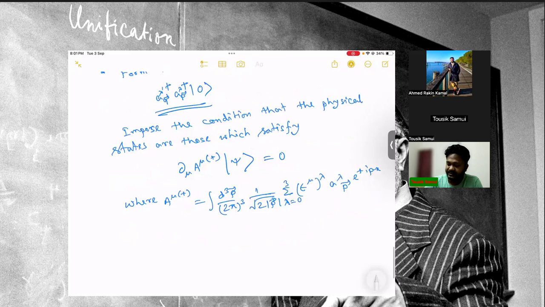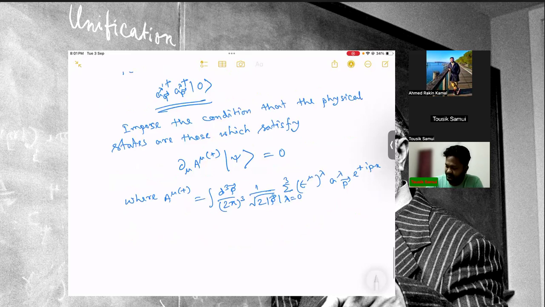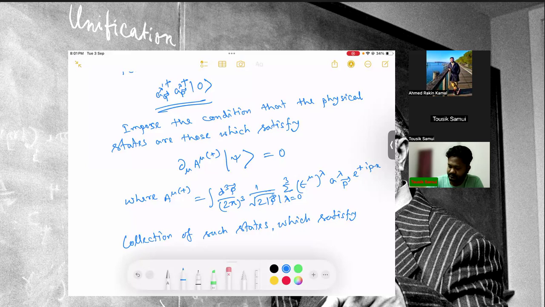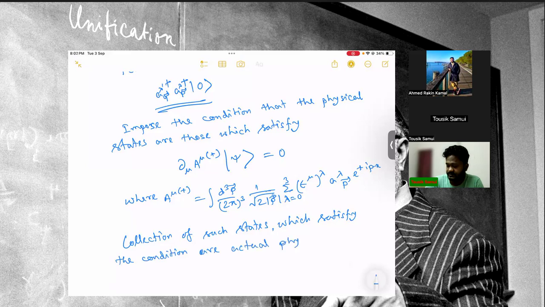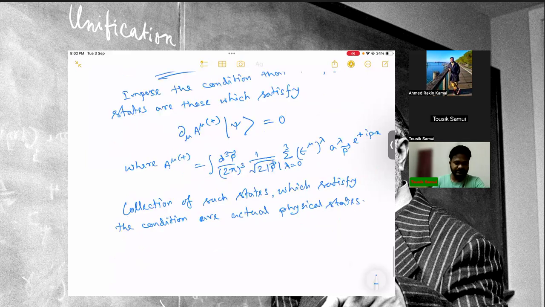The collection of such states which satisfy the condition are the actual physical states, and other states we don't care about.